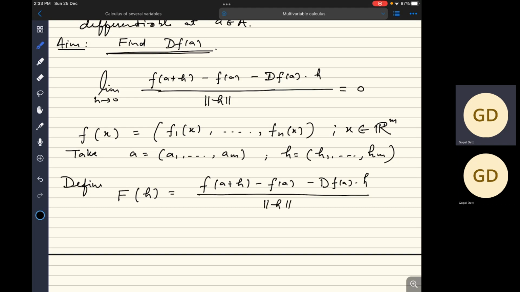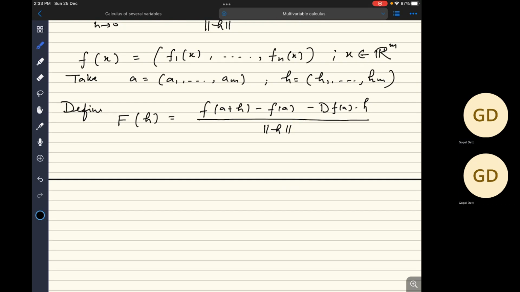So this expression will become: F(h) will become f1(a+h) minus f1(a), and so on. Let me first write f(a+h).